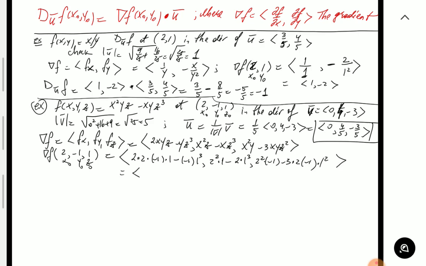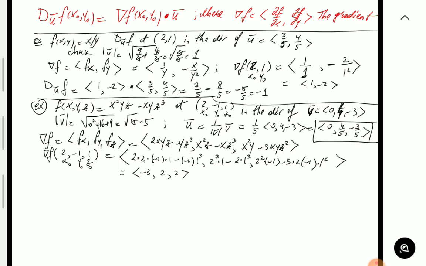So if we clean this up a little bit, let's see what we get. This is -4 plus 1, which makes it -3. The middle component is 4 minus 2, which is 2. And finally, -4 plus 6, that's 2.